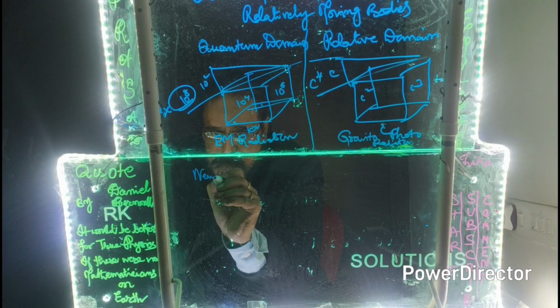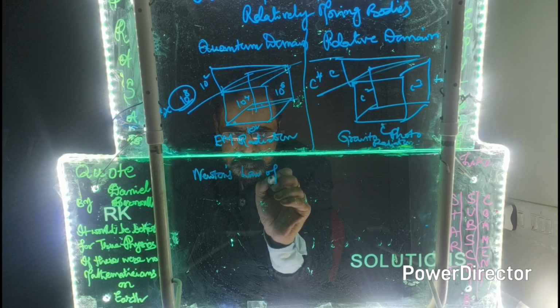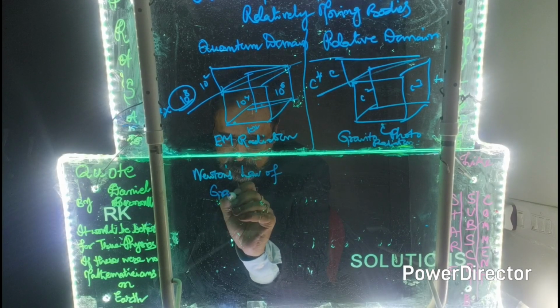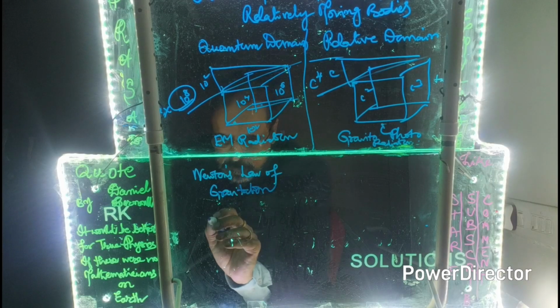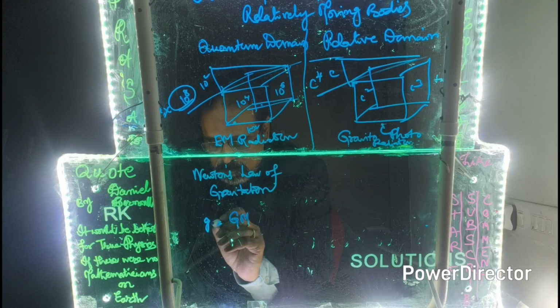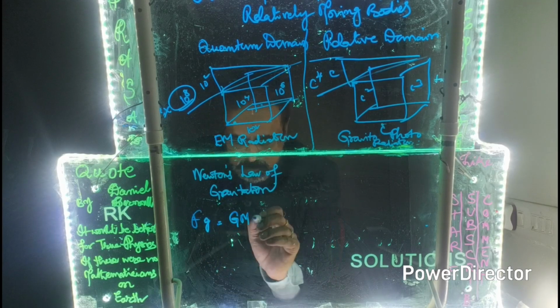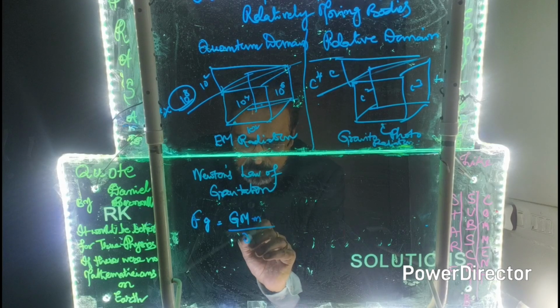Newton's law of gravitation is: the gravitational force is equal to G m m by r squared.